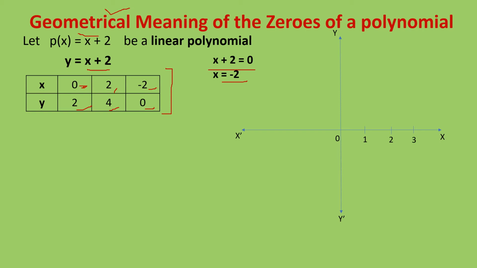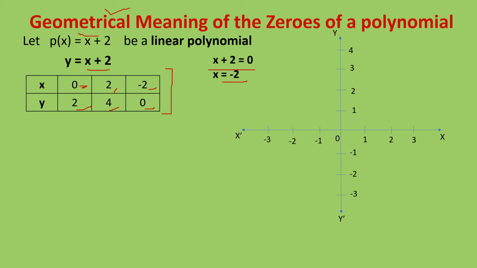Towards the left hand side of the x-axis we have all the negative numbers, that is minus 1, minus 2, minus 3. In the same way, towards this side we have all the positive values of y, so here 1, 2, 3, 4. And this side we have all the negative values of the y-axis, minus 1, minus 2, minus 3. So this is our graph.